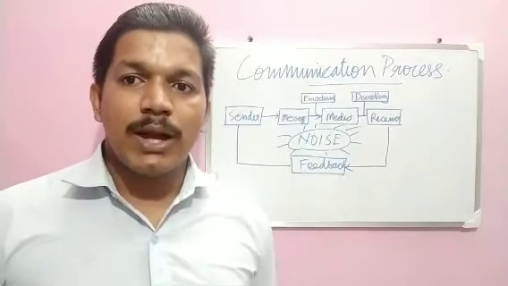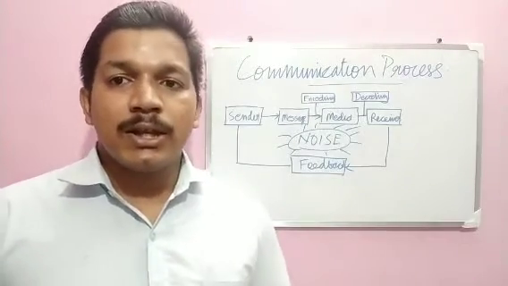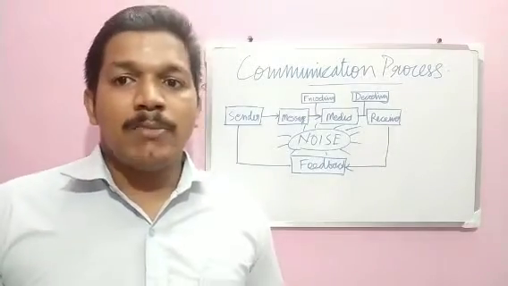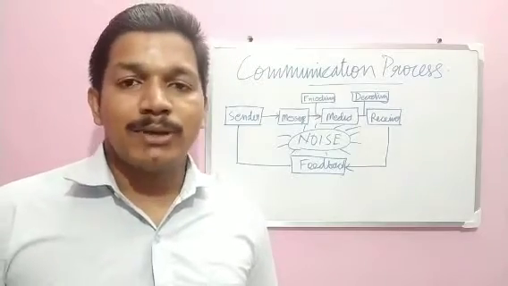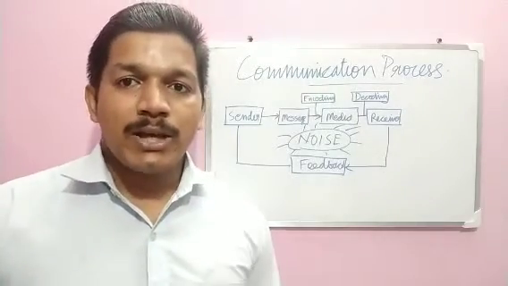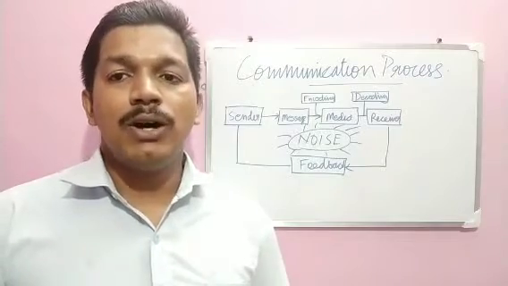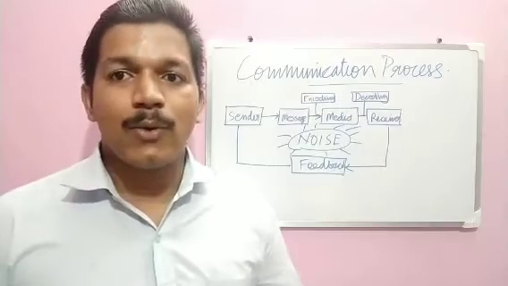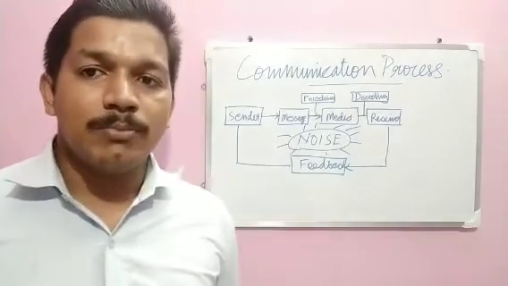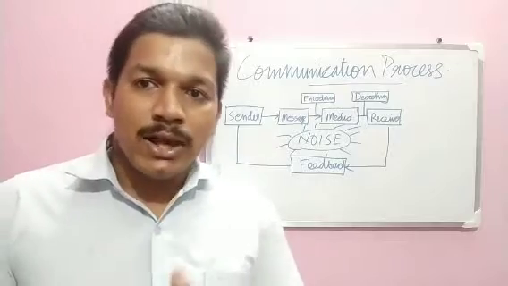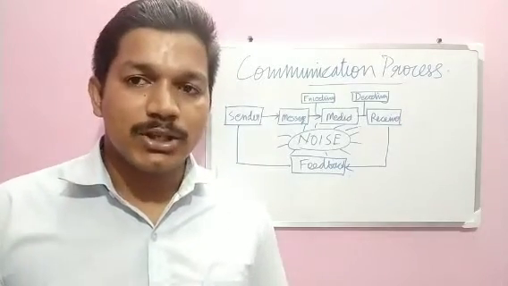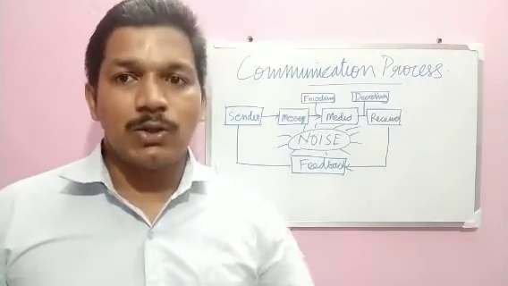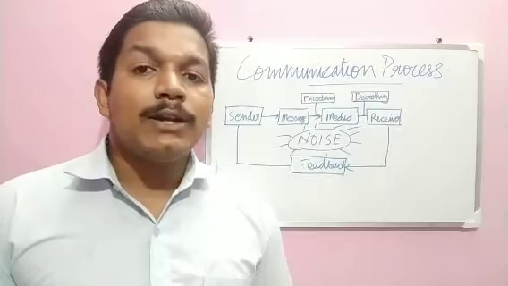I am taking the class in English, so it is encoded in English. I may have the idea in my mind in Malayalam or in my own way, but I express it in the form of English. That is the language we are going to use, and that is the main way of encoding. The idea I am having about the communication process, I am sharing with you. That is called the encoding process.